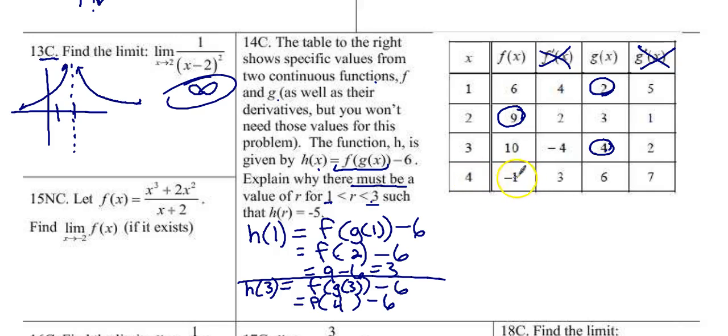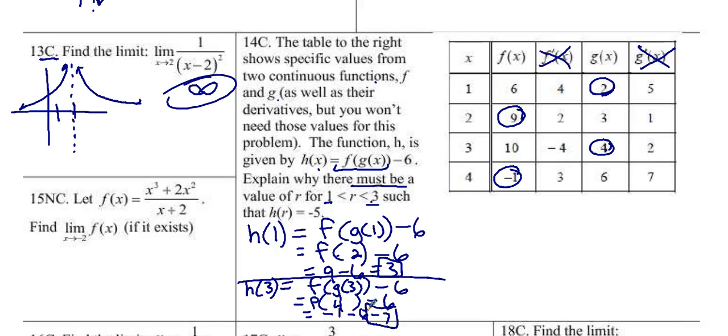F of 4 is negative 1. Negative 1 minus 6 is negative 7. So we went from a y value of 3 to a y value of negative 7. I forgot my equal sign there. If we go from 3 to negative 7, we had to pass through negative 5.